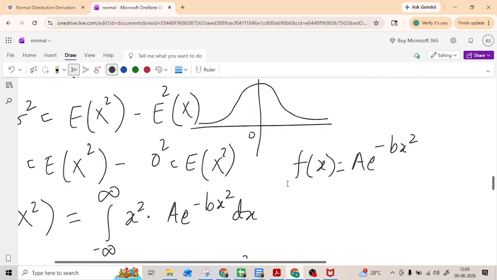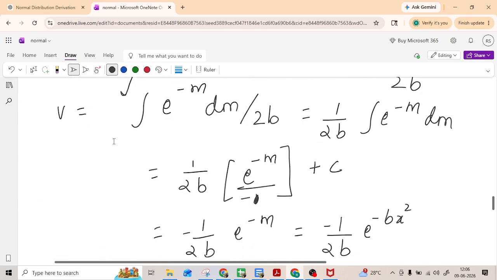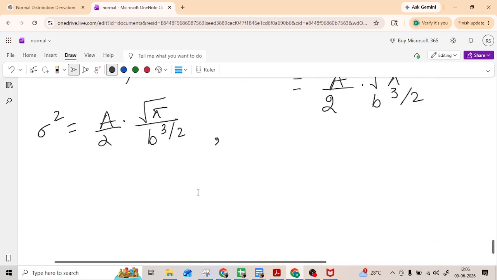We had a as what? A is equal to the square root of b by pi. So what we'll do is come over here and replace a equal to root b by pi into root b, to the power 3 by 2.